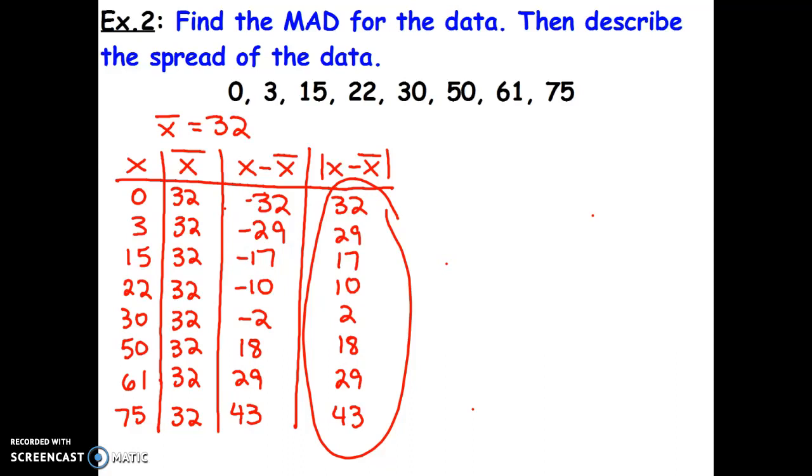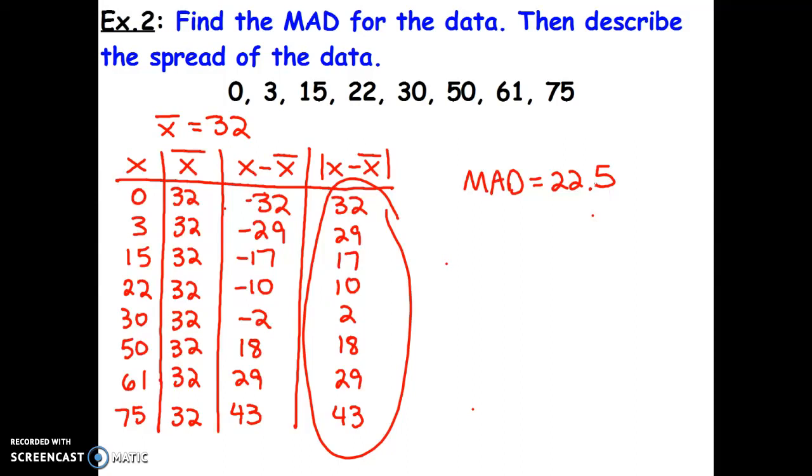So 32 plus 29 plus 17 plus 10 plus 2 plus 18 plus 29 plus 43, all divided by, I forgot how many it was, 1, 2, 3, 4, 5, 6, 7, 8. All divided by 8. So our MAD is 22.5.